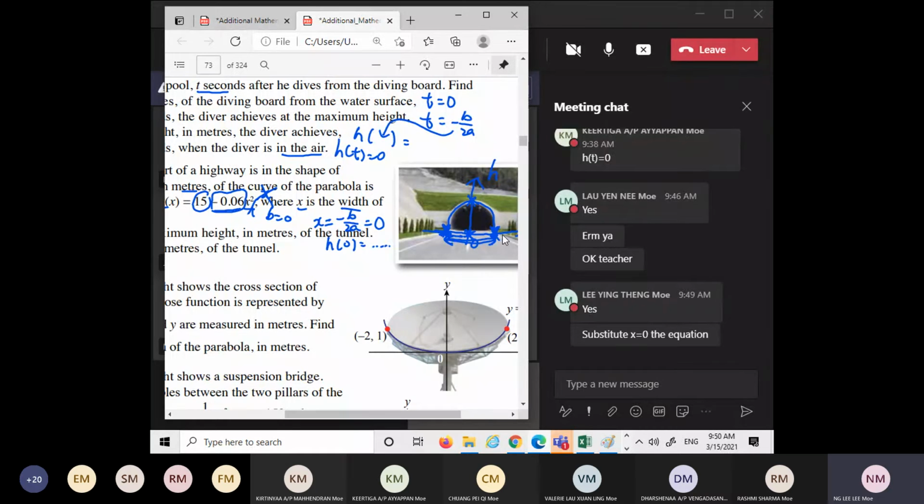Substituting x equals 0 to the equation is part A. Now we want part B. I want to know this point. Cannot? Then we ask another girl to help.